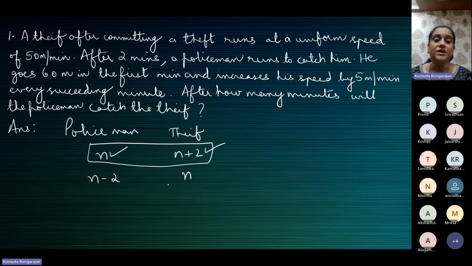Or the distance covered by the policeman in n minus 2 minutes is equal to the distance covered by the thief in n minutes.